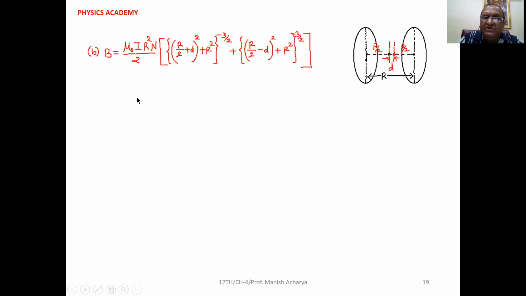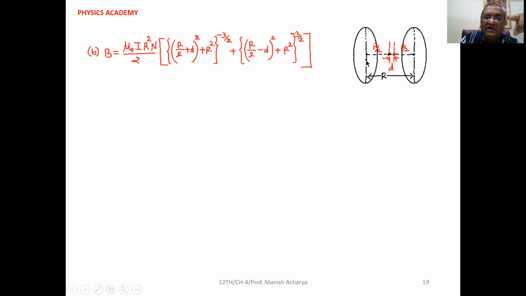Now in our equation, mu 0 I r square n upon 2 into x square plus r square raised to 3 by 2, x is replaced by r by 2 plus d for the first coil and r by 2 minus d for the second coil, and mu 0 I r square n by 2 is common from the equation of fields of both the coils.